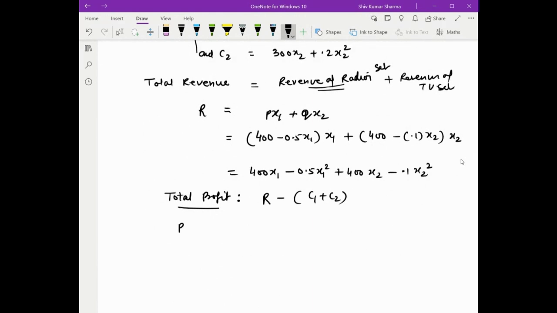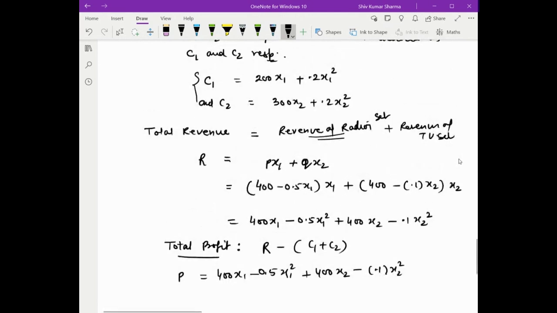So profit P equals R, which is 400 X1 minus 0.5 X1 square plus 400 X2 minus 0.1 X2 square, minus C1 and C2.